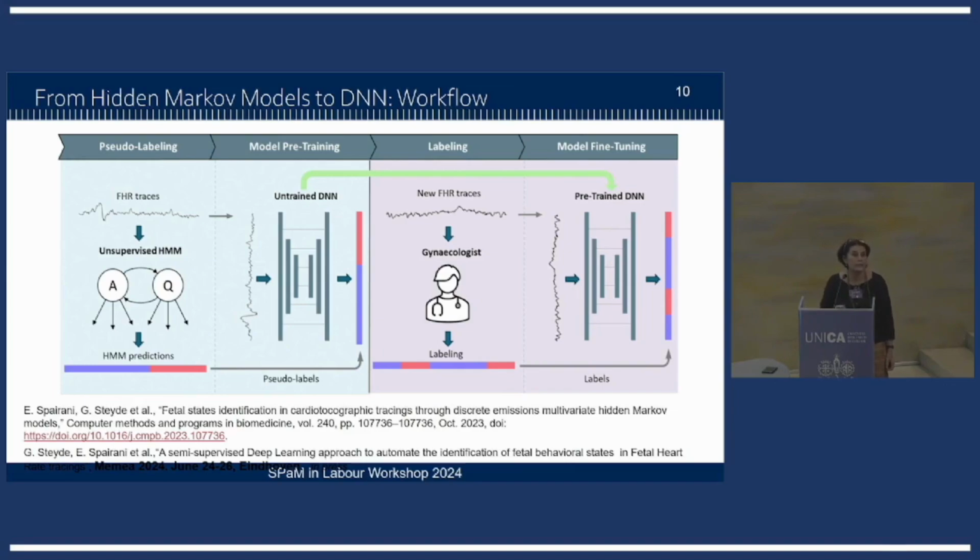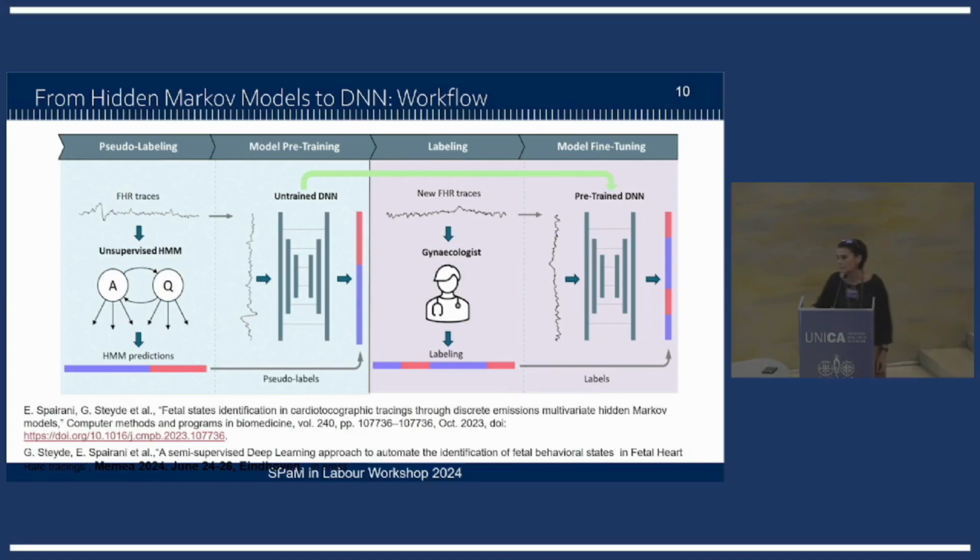This classification is improved by what? By an expert gynecologist who classifies the activity and quiet himself, and the additional knowledge produced by the gynecologist is used to retrain the DNN, producing the final classification.